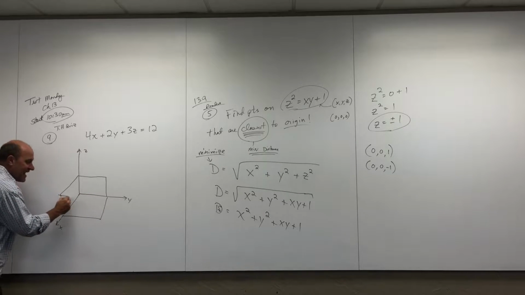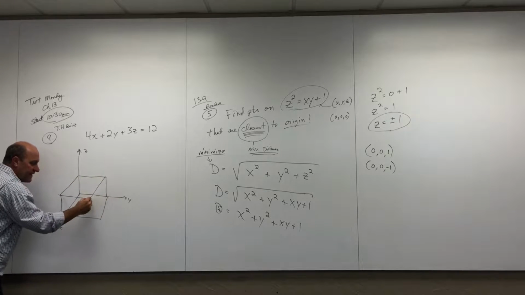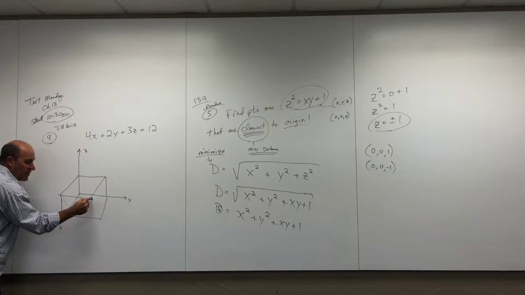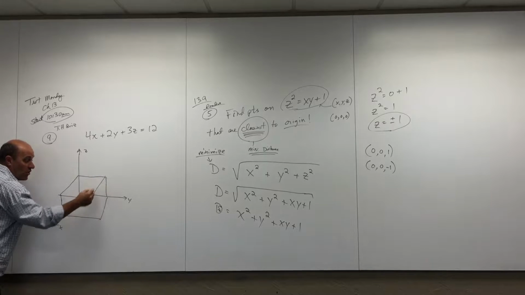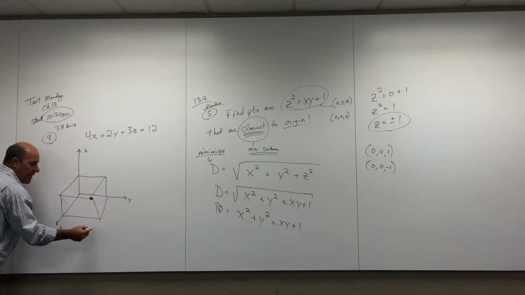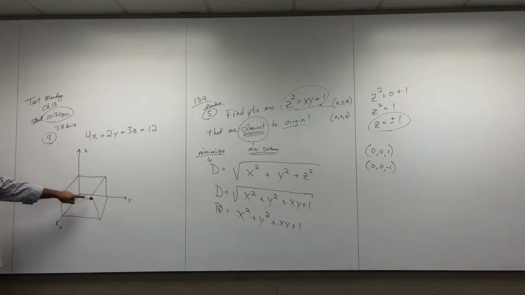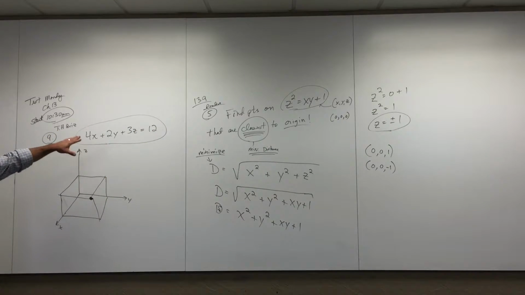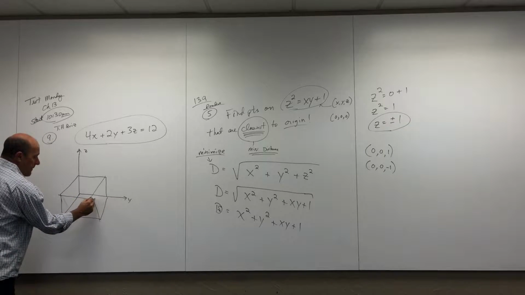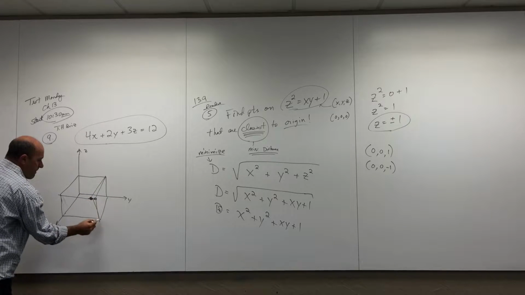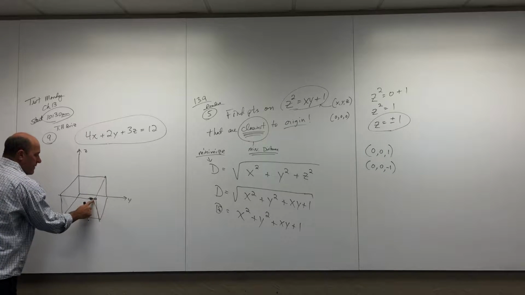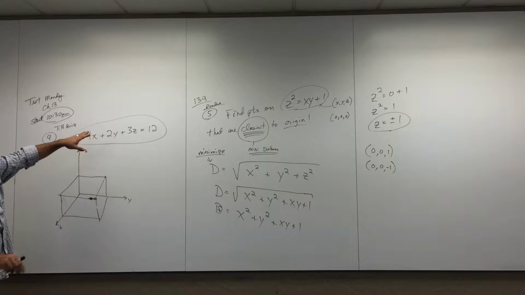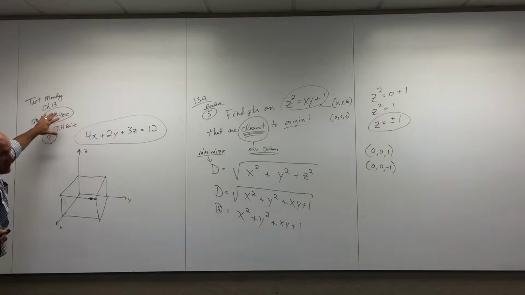And then here's what they said. The other point, the vertex, one of the corners of the box, lives in this plane. Now, when I see a plane, I remember what it looks like, kind of. When we graphed these planes, they would come slicing through the first octant.